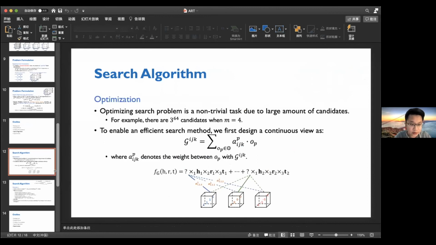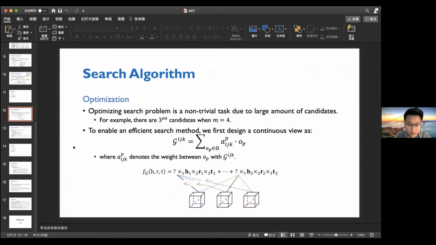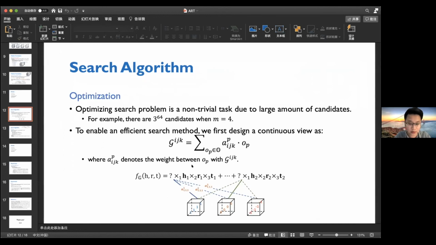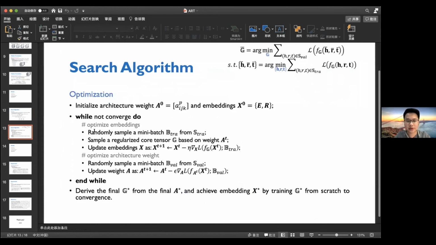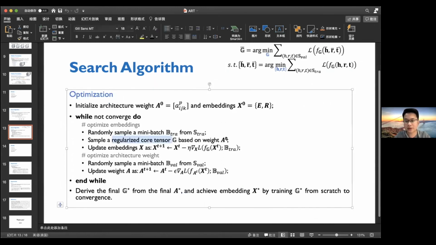Yes, the search is too expensive. So we utilize weights to model the interactions between the three candidates within one cube. In each step, we sample the potential candidates based on the weights.